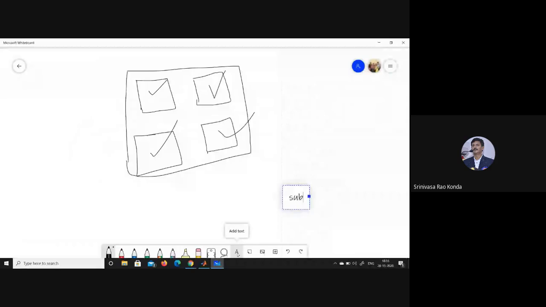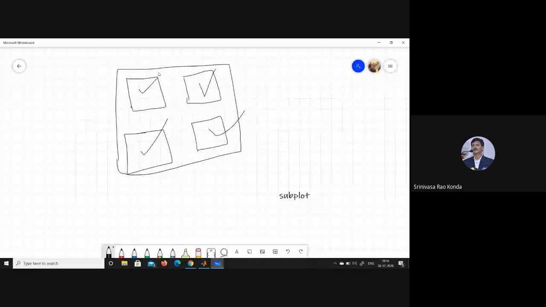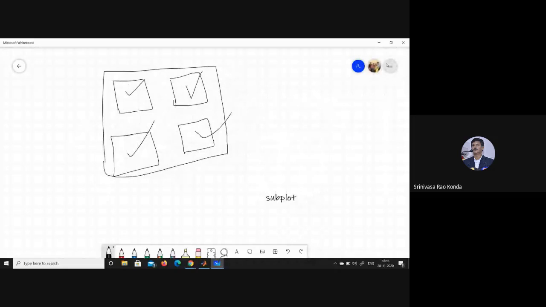For this, how many rows are there? Two rows, two columns. So this is one element, this is one element, this is one element, this is one element. Four elements, four figures we have to insert in one figure window.